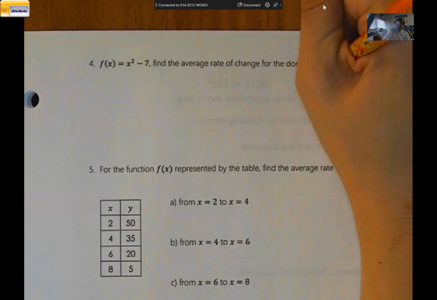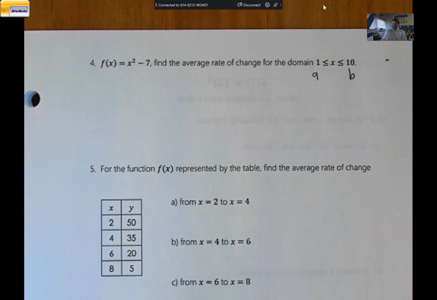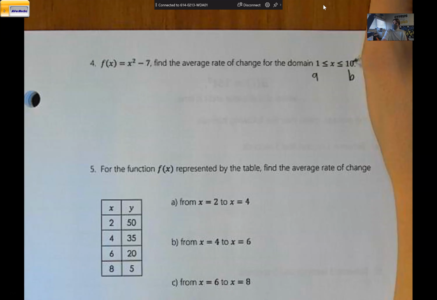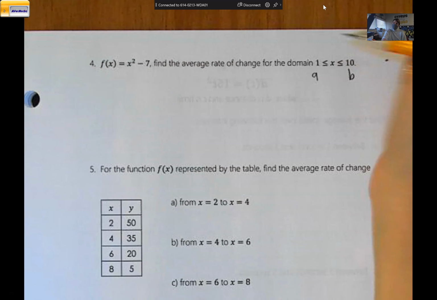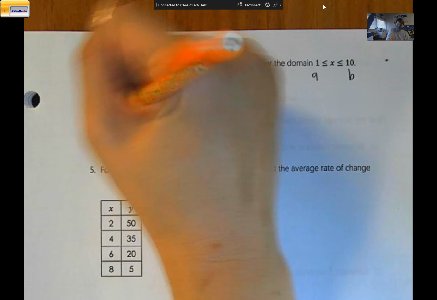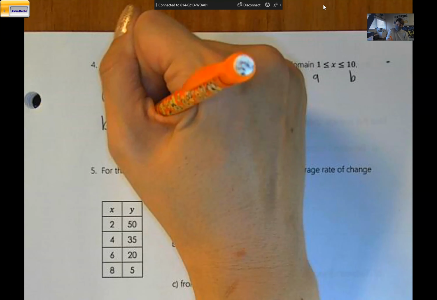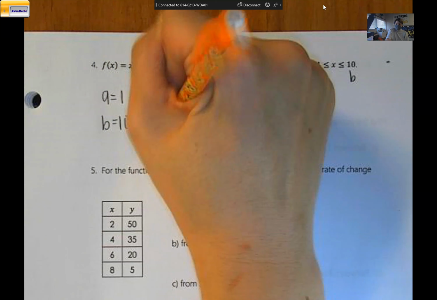Okay, now you guys try that for the next one. So I'll help you set it up, but I want you to do most of the work. So they give you the same interval, 1 to 10, but a different function. So you have to find f of 1 and f of 10.